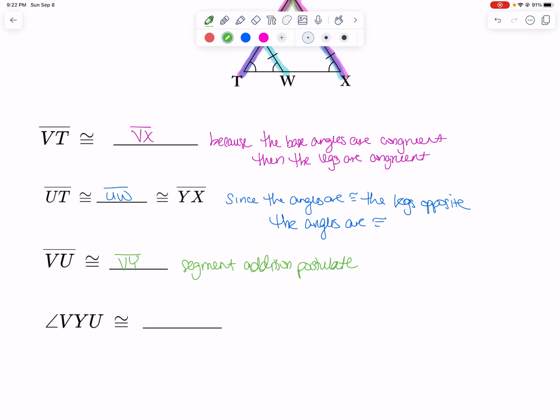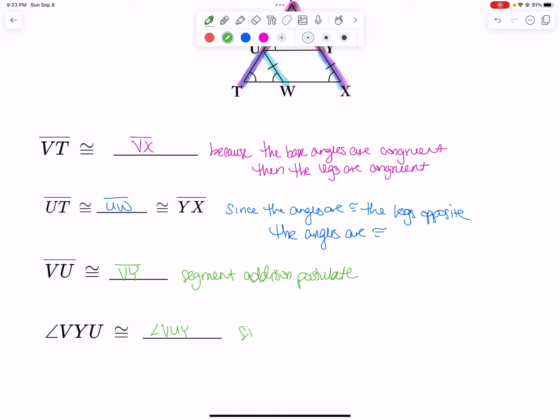So angle VYU is congruent to angle VUY, since the legs are congruent, then the base angles are congruent.